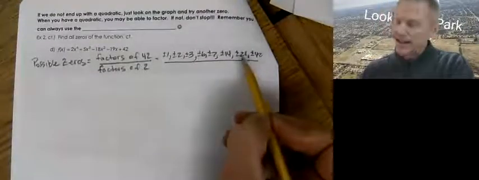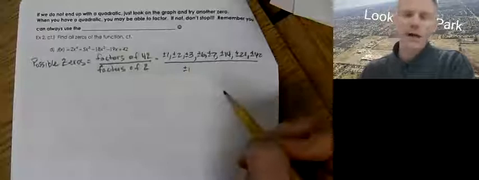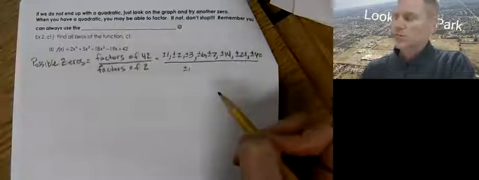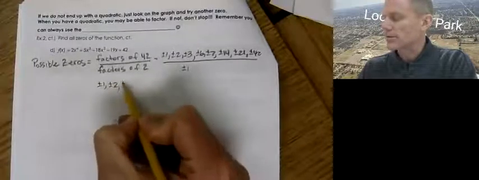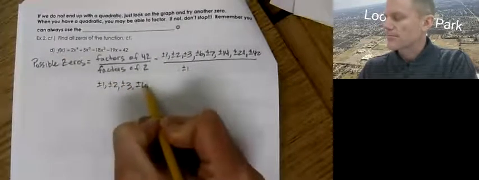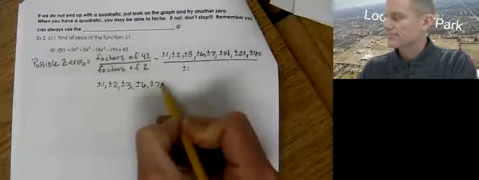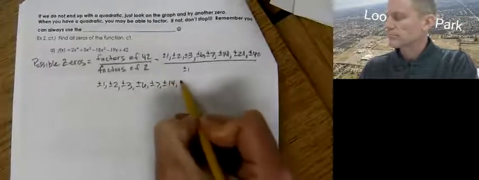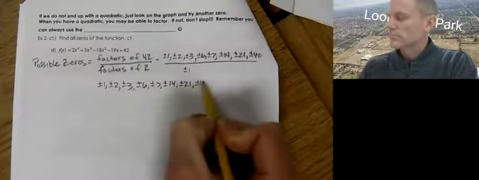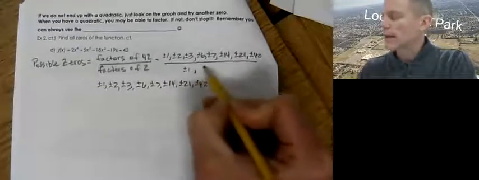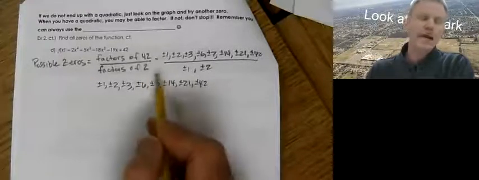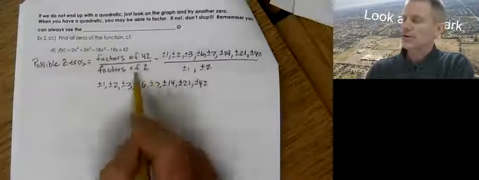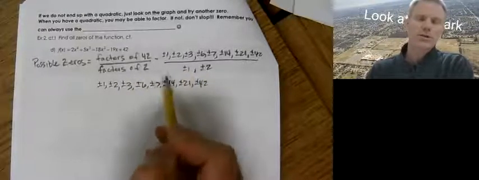And we've got to divide each one of those by 1, which means we're going to get those exact numbers. And we're also going to divide each one of those by 2. Those are your possible zeros of 2, or possible factors. Those are your factors of 2, 1 and 2, go into 2.